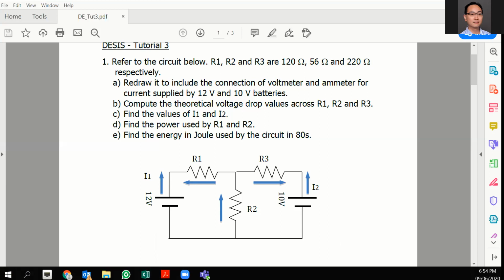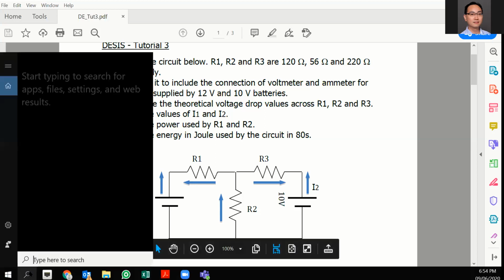Okay. So this one, let's try and solve it now. We try and solve together if we can, provided the pen can work.